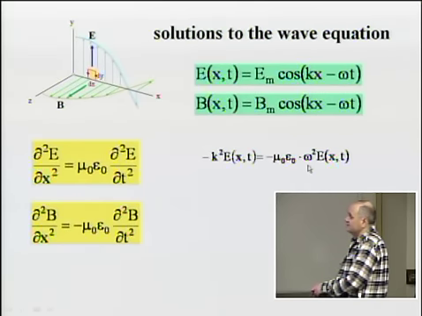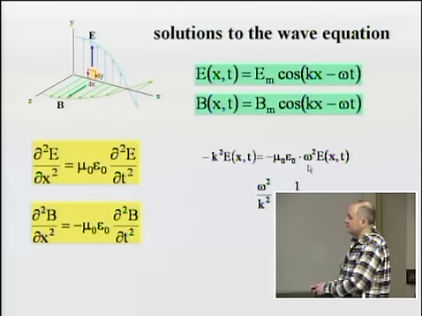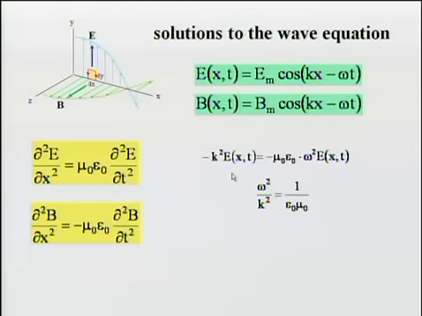So this is how I got this omega squared over here. Well, I can recognize now that the functions cancel on that side, and the ratio of these two constants must be equal to 1 over the permittivity of free space and permeability of free space.